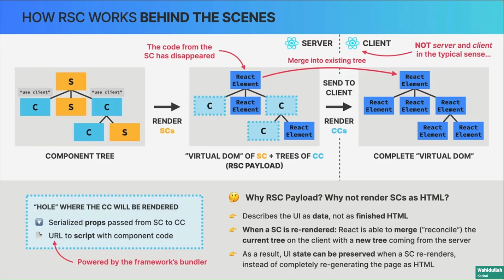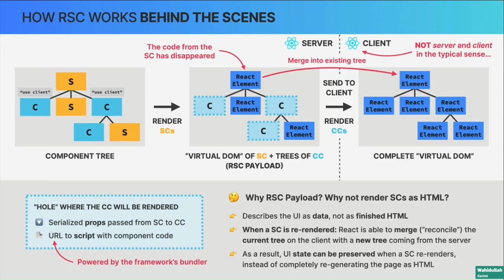If instead just HTML would be sent, the entire UI would have to be replaced with that new HTML and all current UI state would be lost, leaving the user with a pretty bad and jarring experience. So, to avoid that, the React team came up with this two-step rendering mechanism and the concept of the RSC payload, which I think is a pretty genius idea.